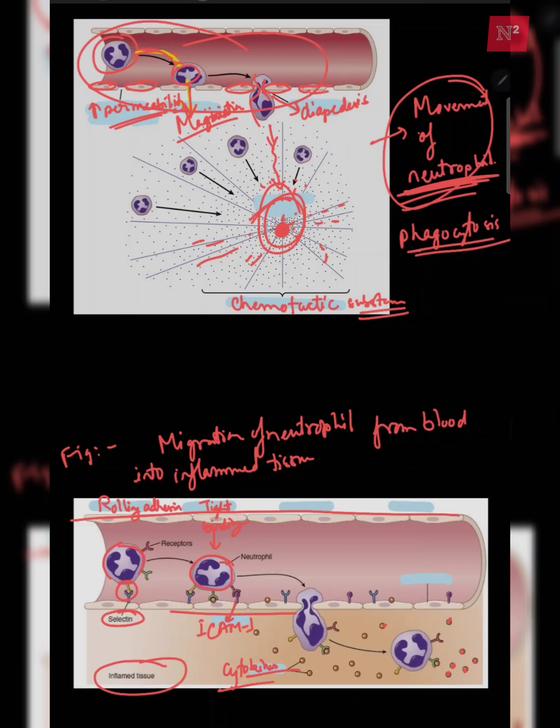Then the endothelial space between these two cells increases, and because of that the neutrophil easily passes out through the gap. This is called diapedesis, and when it reaches the inflamed tissue, it migrates. This is called the migration step.